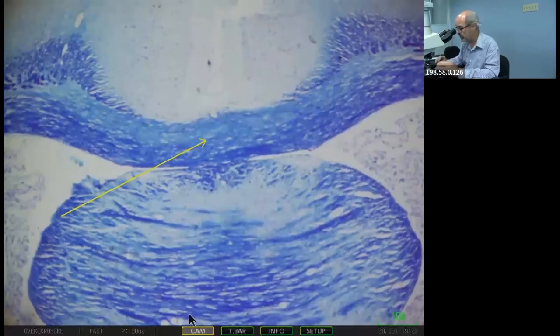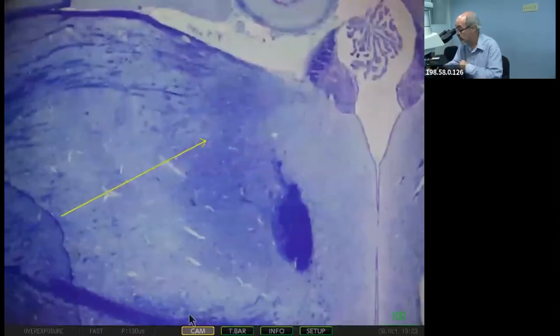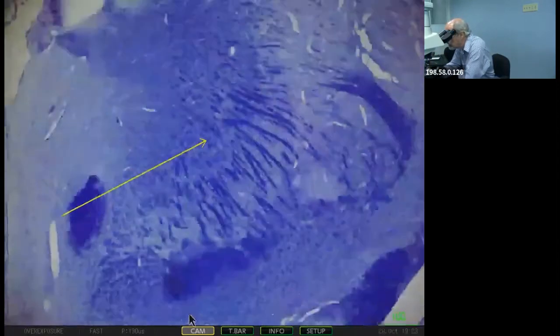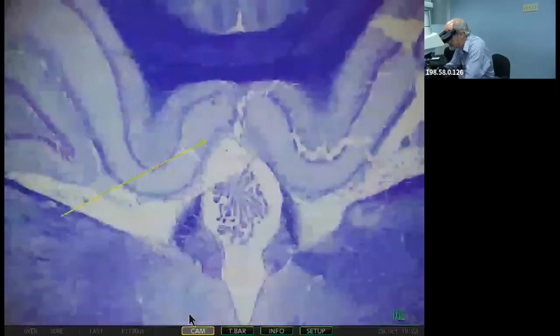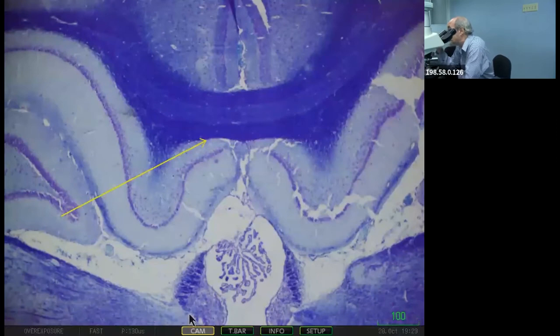So this one is the same, but there was a combination of both stainings. You have the Nissl staining combined with your Luxol blue.